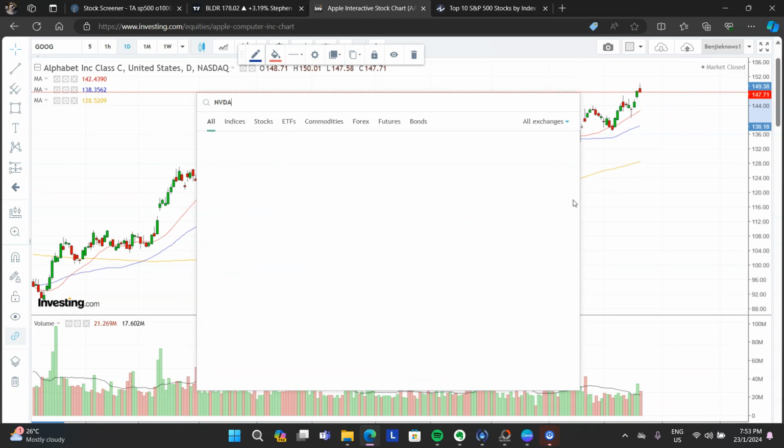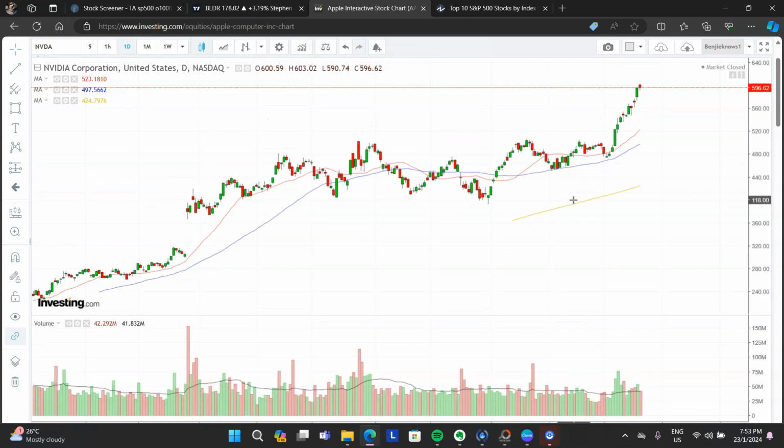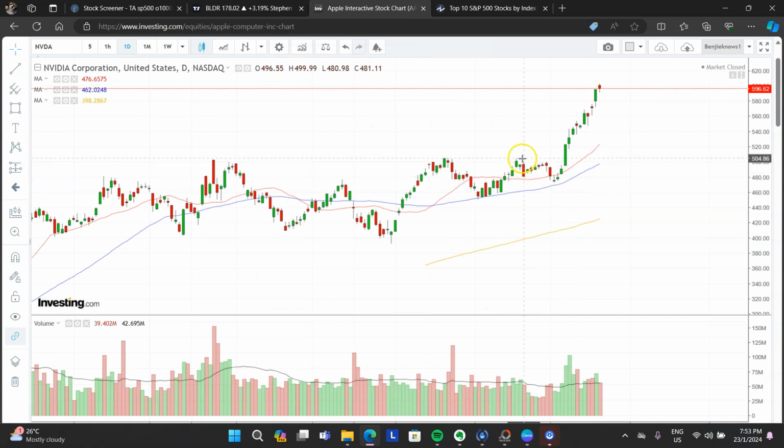Let's just look at one more stock, NVDA. I have done an analysis on this stock, a video on its own, very interesting. So it breaks out of this ascending triangle. Even the ascending triangle target is met.